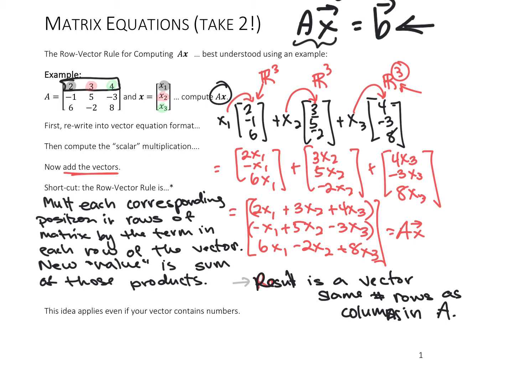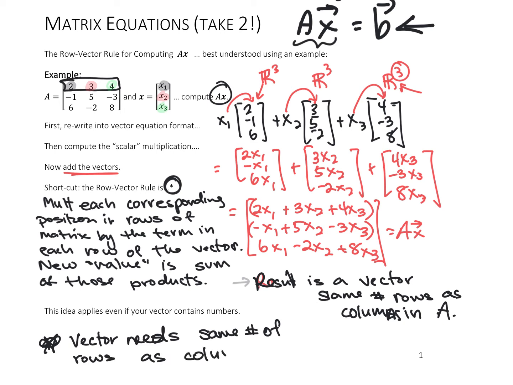Now, another important idea here. I put a little star here to remind you that for the row vector rule, your vector needs the same number of rows as columns in A, right?